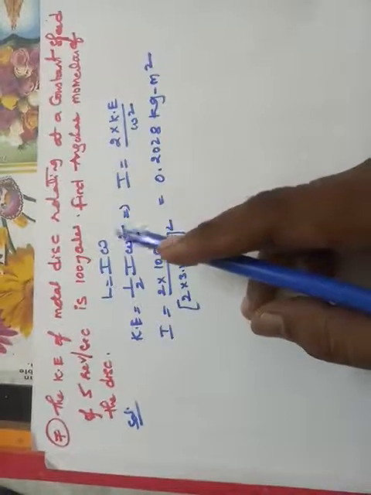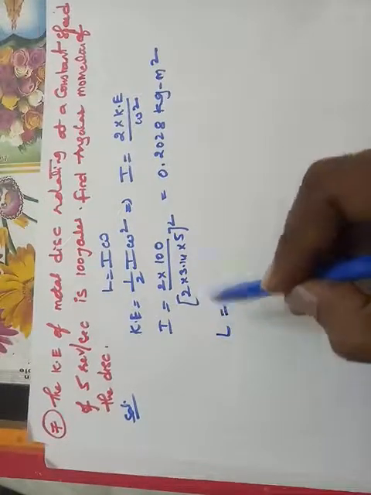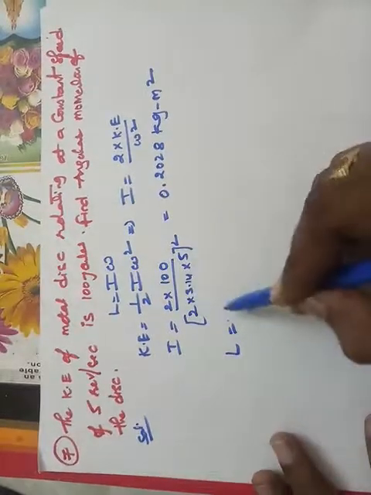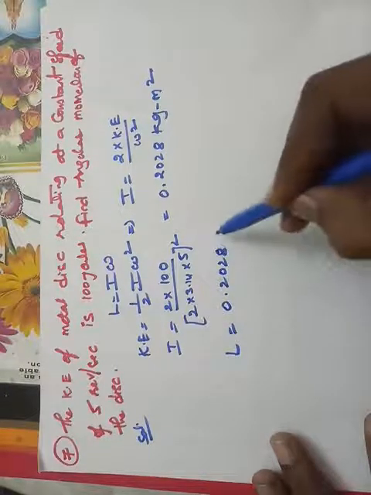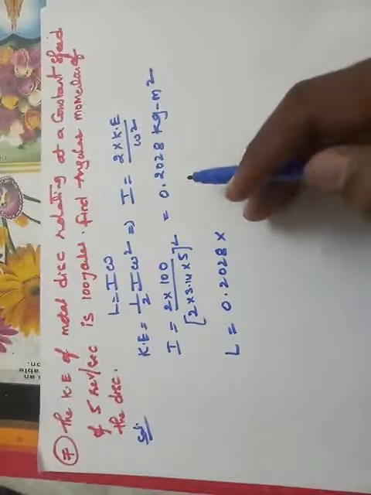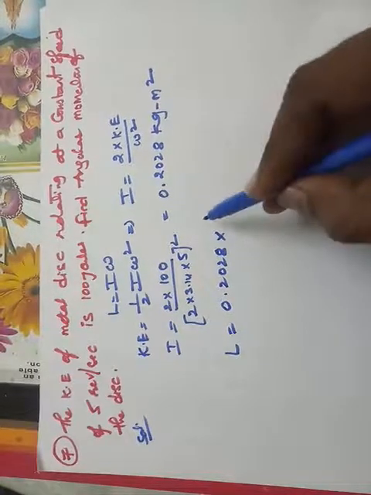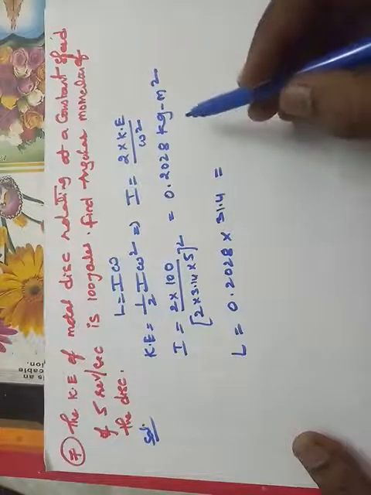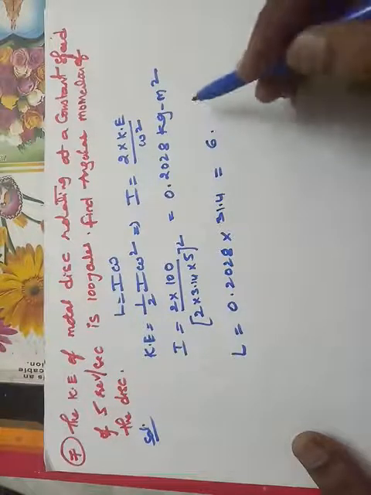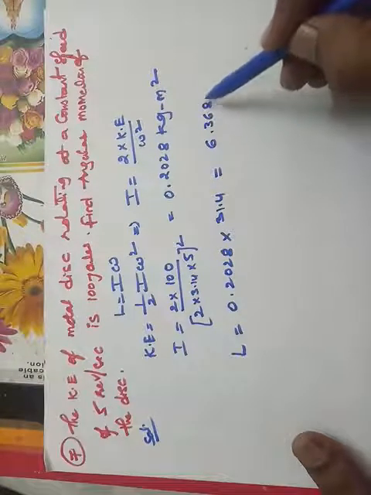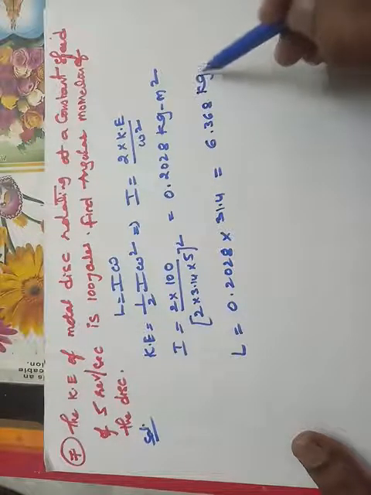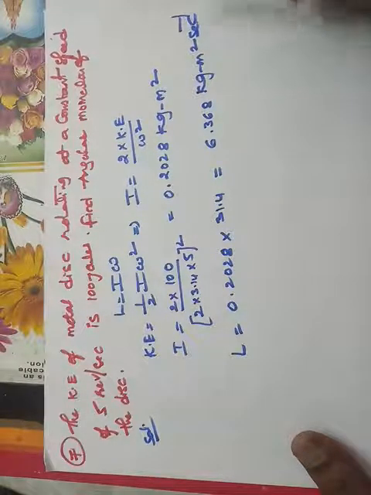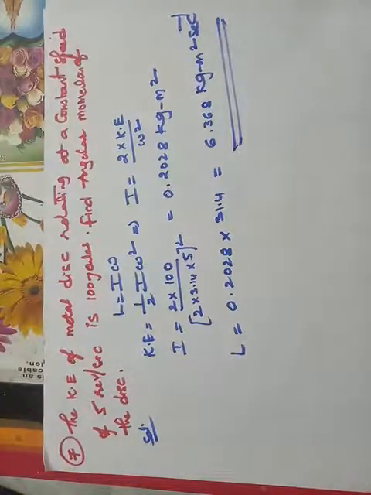And again substitute in our equation, L equal to I omega. The I value is 0.2028, and the omega value is 31.4. So finally we'll get the answer, 6.368 kg meter square second inverse. Okay, so this is our required answer.